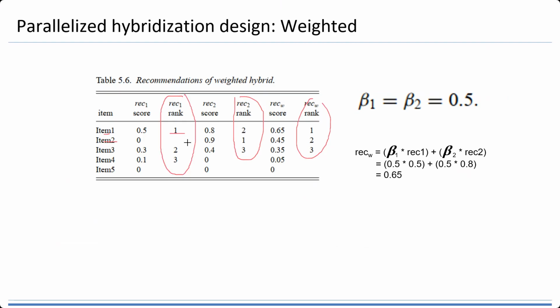Item 2 is number 1 in recommender 2. But when we do the hybrid technique with weighting, now item 1 becomes rank number 1. So there will be some changes. Maybe the recommender techniques are different, so they give different results.